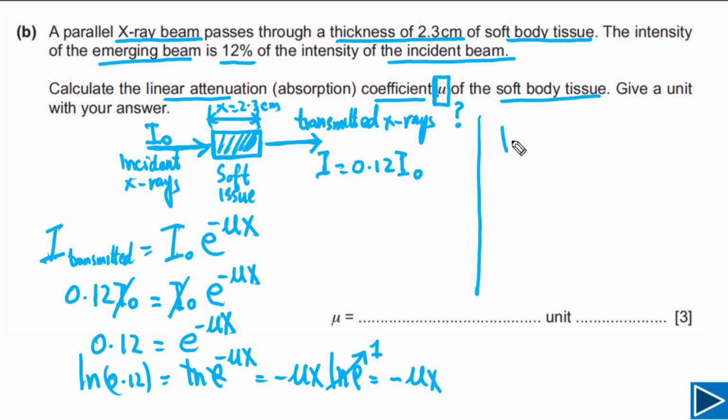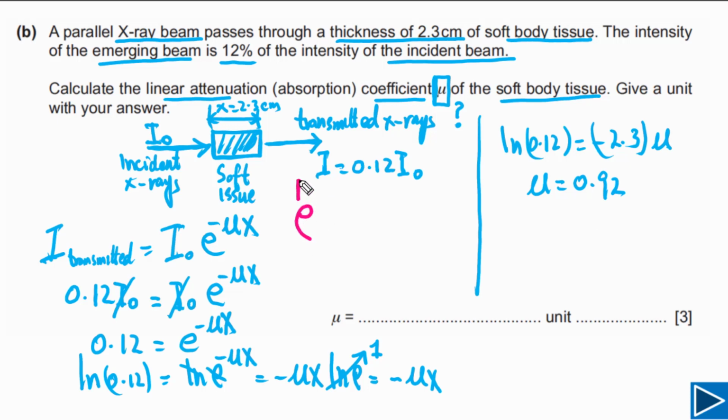We have ln of 0.12, negative 2.3. This is the value of x, and here we have mu. So from here we can find out the value of mu. The value of mu in this case will be equal to 0.92.